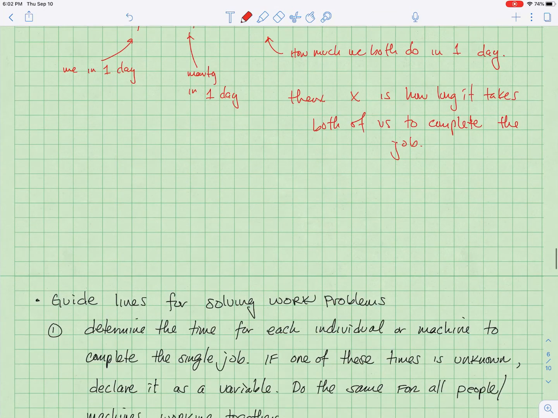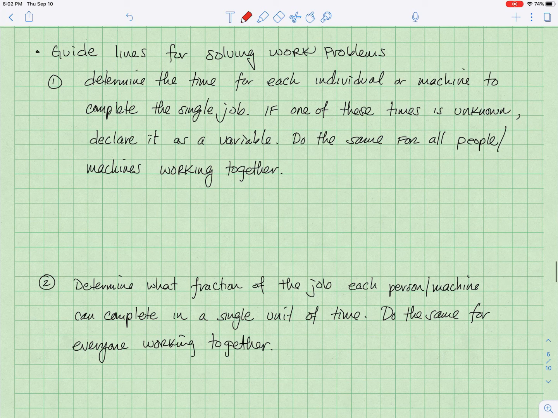So let's go through some guidelines here before we do this problem. Guidelines for solving work problems. Number 1, determine the time for each individual or machine to complete the single job. Well, we did that. Me, 7 days.